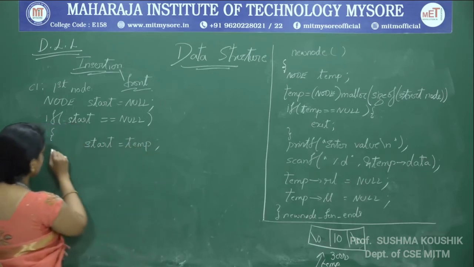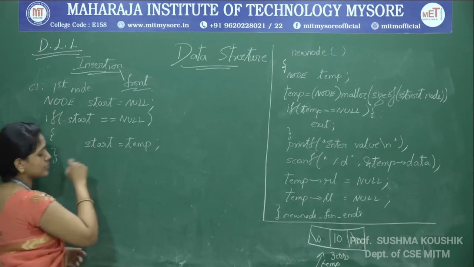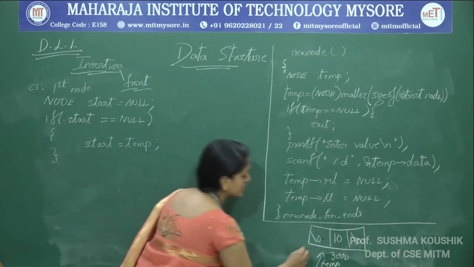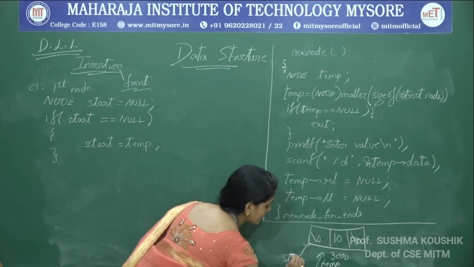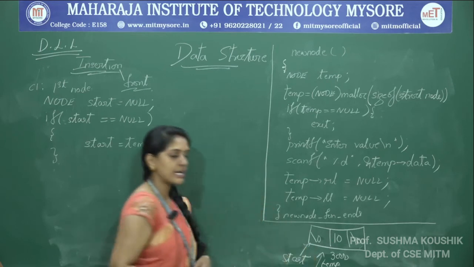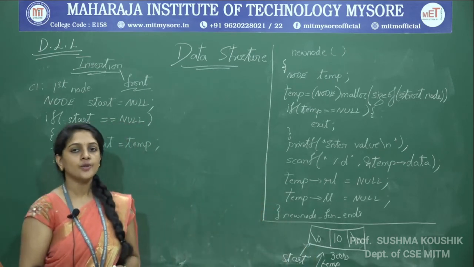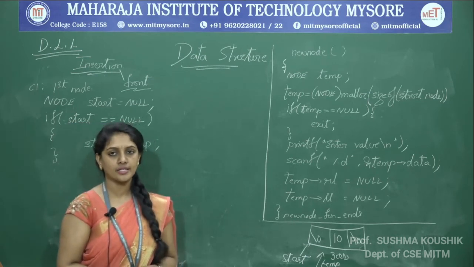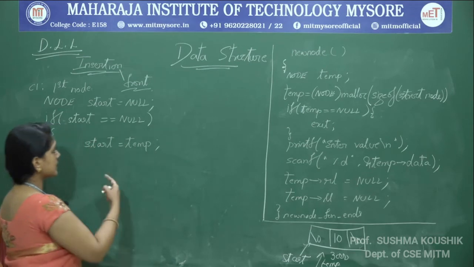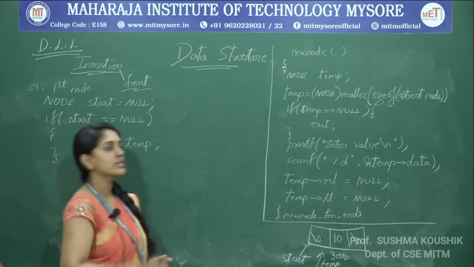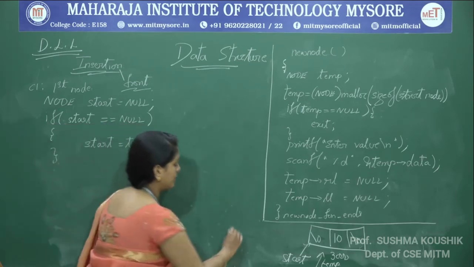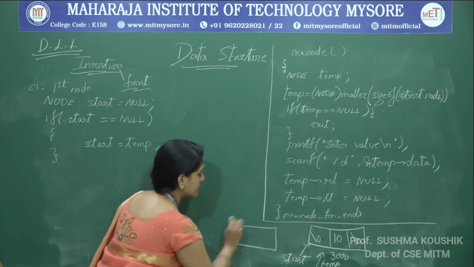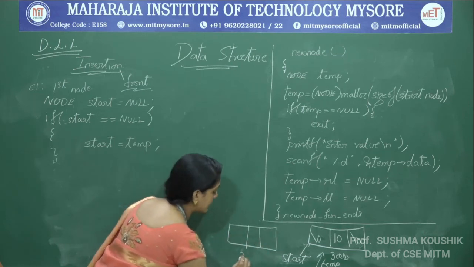So now we are making sure case 1 is accomplished over here. We are just making sure that start is also pointing to this location. The linked list exists when it is the first node, no point of changing any pointers because there are no other nodes to point to. Now when it is the second case, similarly we will call this new node function again. One more node will be created and similarly it will have some valid address.